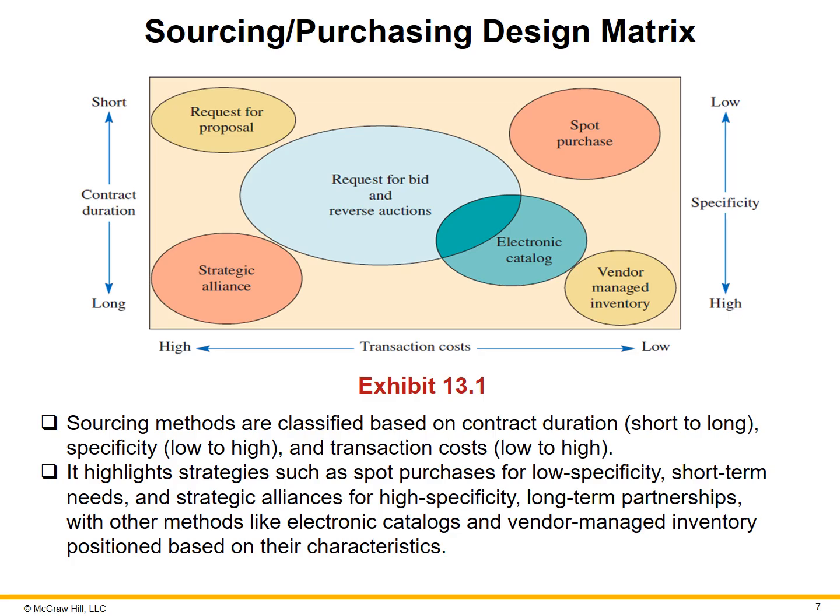Spot purchase we usually use for offerings of low specificity and short contract duration, so you can pick and choose what to buy, and there is no long supplier relationship. But if it deals with high specificity, then you need to keep a long and deep relationship with the supplier, and that is usually called a strategic alliance.